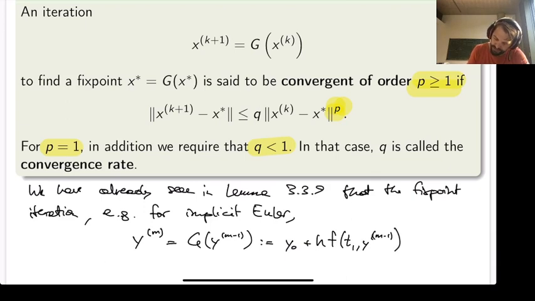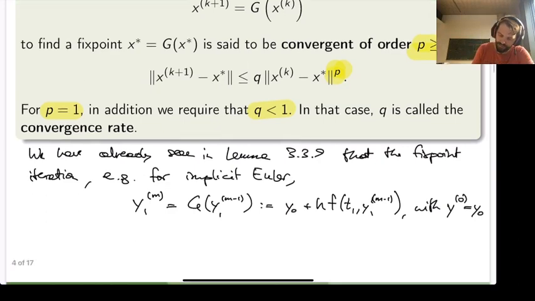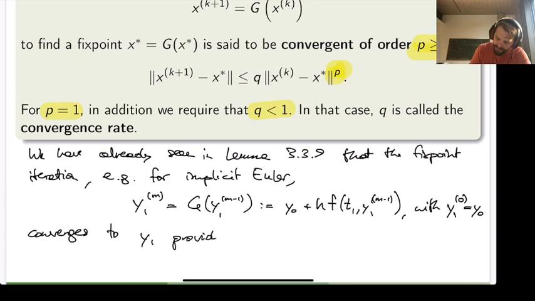So you can think of this as being approximations of y_1 with the initial starting approximation being y_0, converges to y_1 provided the step size is sufficiently small, namely hL is less than 1, where L is the Lipschitz constant for f.